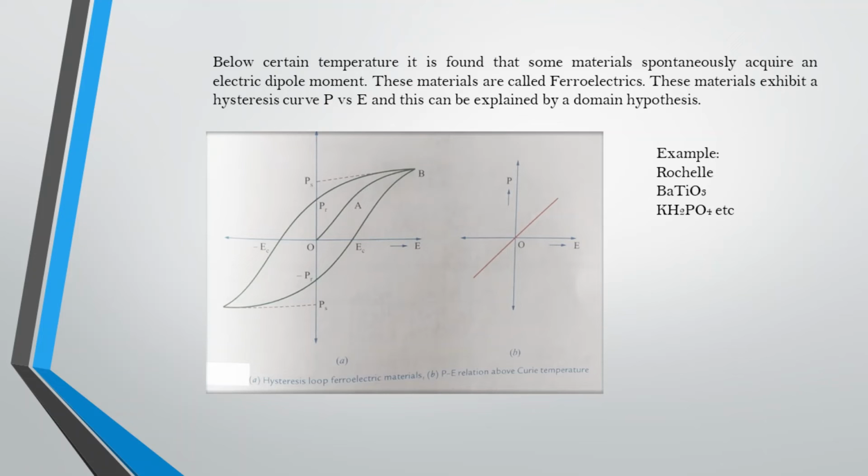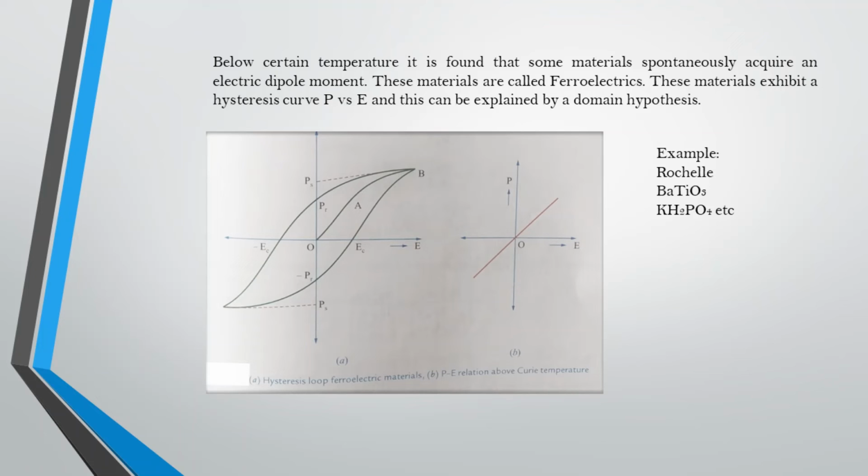Initially the field is 0, and if we increase the electric field, it will follow the path OB and get saturated. Then if we reduce the electric field, instead of following BAO, it will follow BPR.